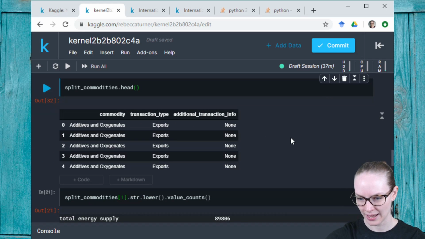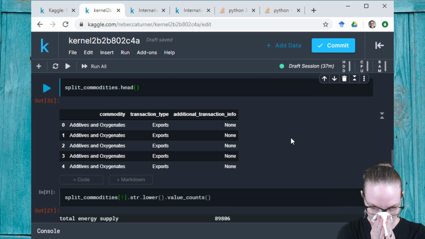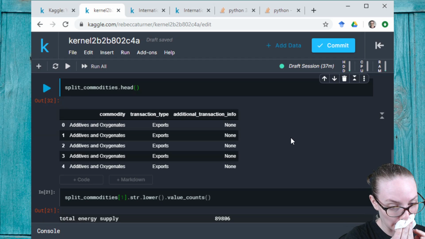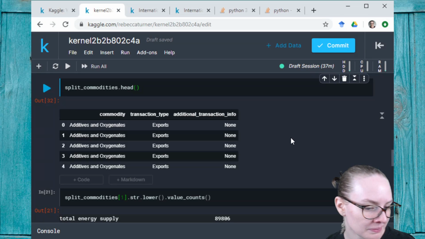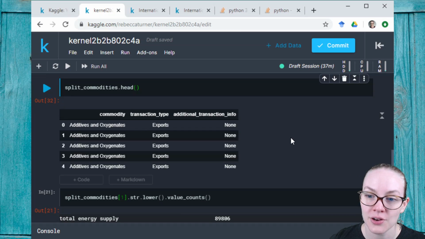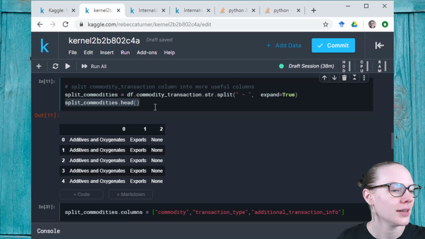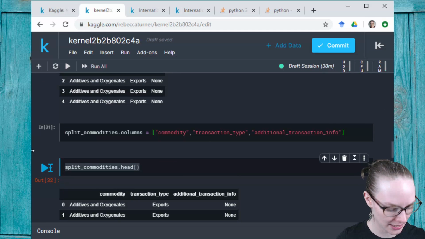So, one sec. Ryan says, did you want a new column? No, I was trying to rename my existing columns. All right.